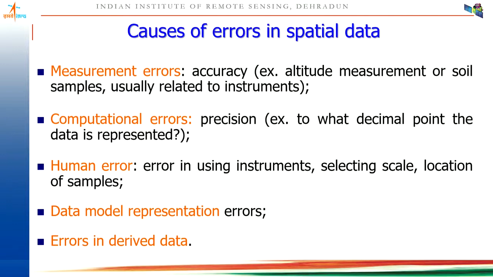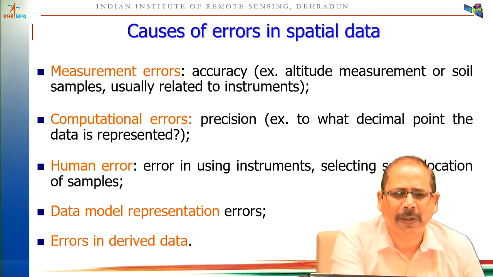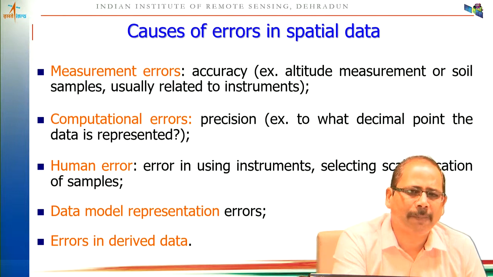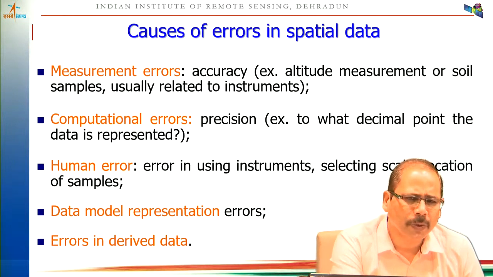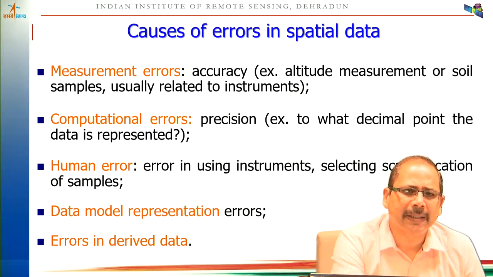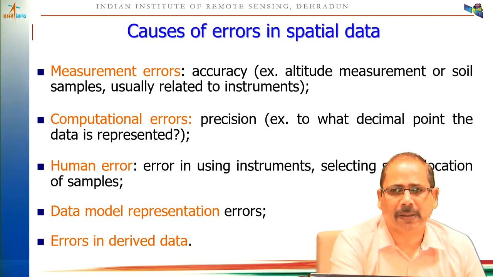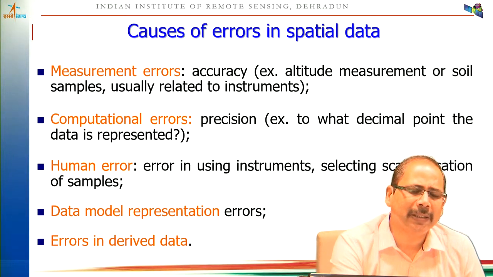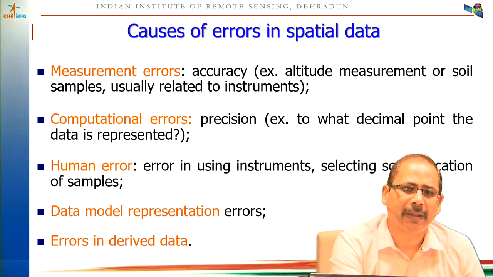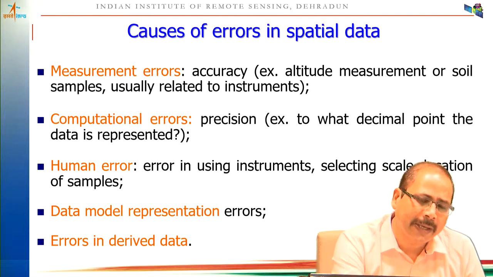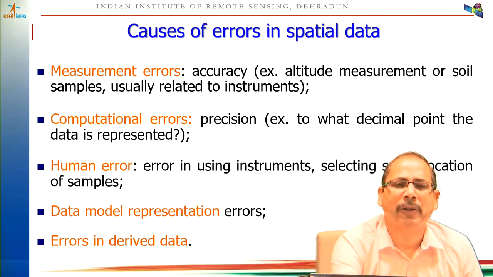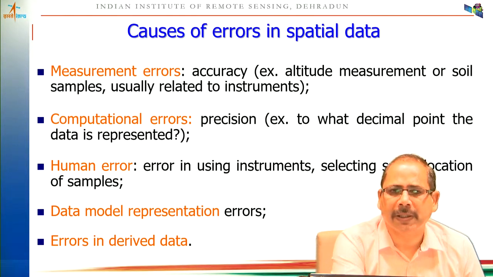So when we are measuring information about the geographical features, either through ground-based sensors or space-based sensors, or maybe some manual method also, these are considered measurement errors. Sometimes the instrument itself has some inbuilt errors, so automatically you are inheriting this error in your database.